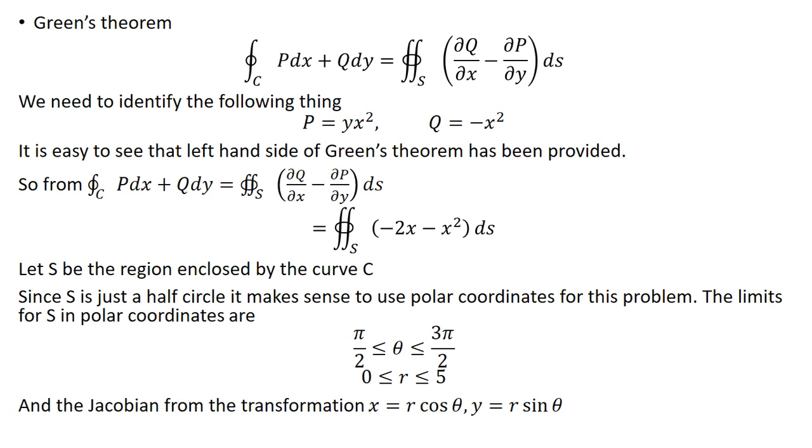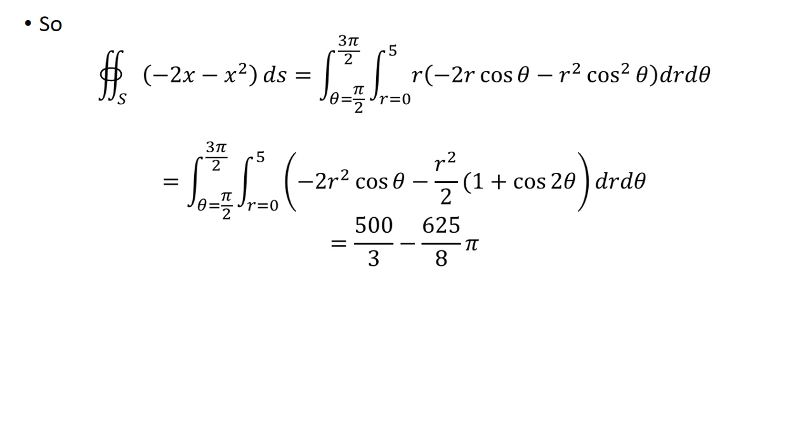And of course the Jacobian J will be r. If you perform just one polar double integration, you will know that J will be r, and by simple calculation the double integration looks like this, and the answer is 500 by 3 and 625 divided by 8 times pi. Thank you.